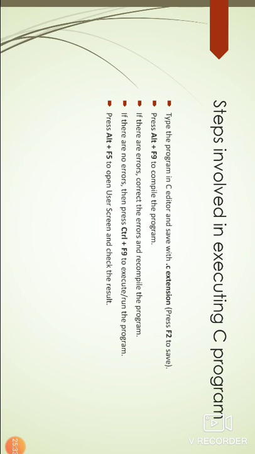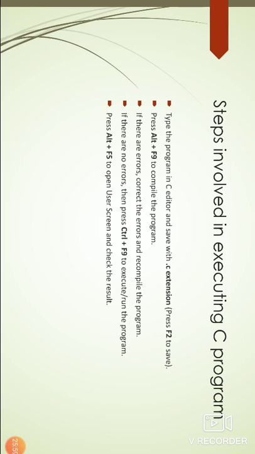Now the user has to go to the particular line, correct the error, and then recompile the program. If there are no errors, then press Ctrl plus F9, which means we are executing the C program.